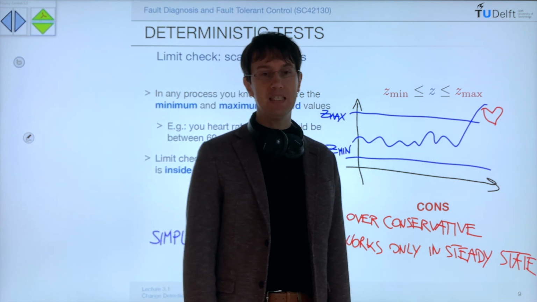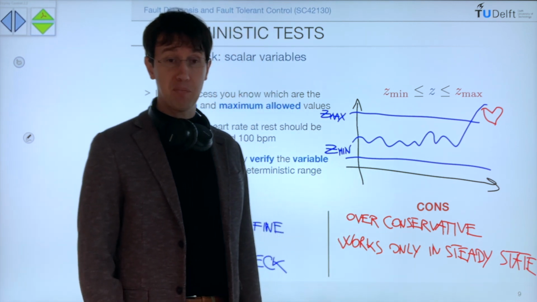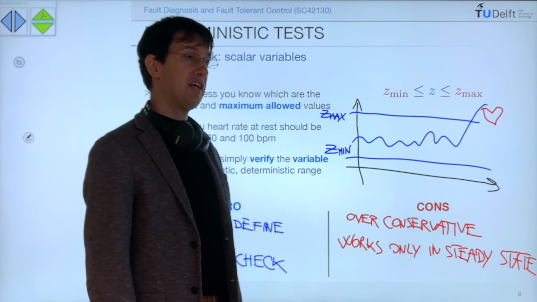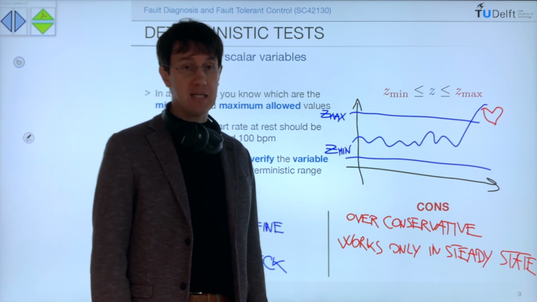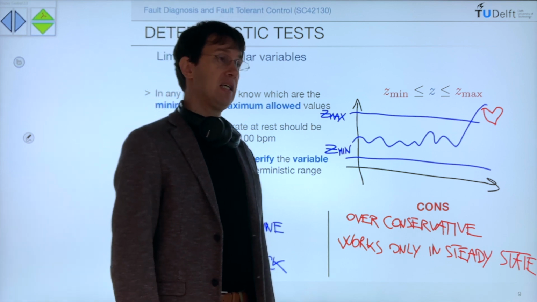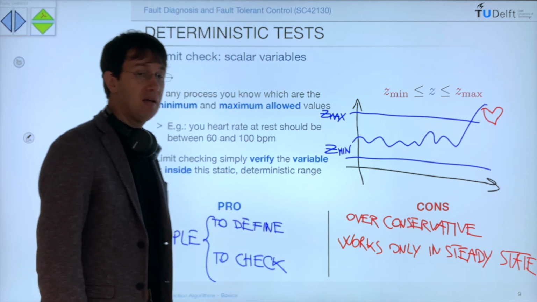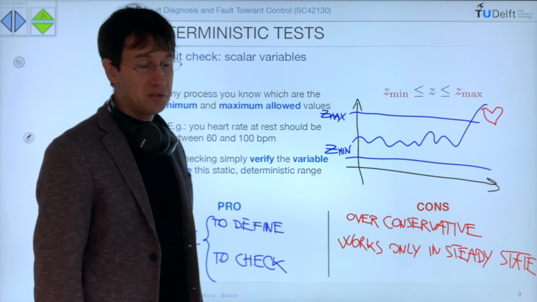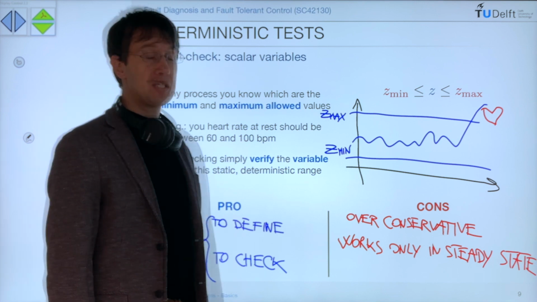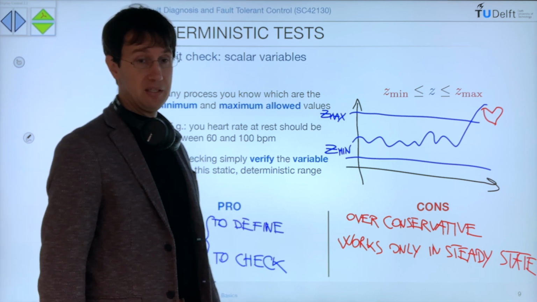So limit checking is a very basic approach to detect some very big anomaly, something that is so clear it is here, you cannot miss it. But of course, we are going to introduce later also some smarter ways of doing checks.